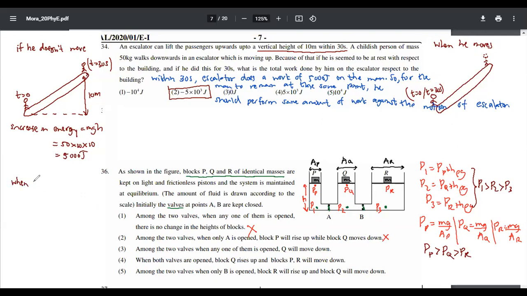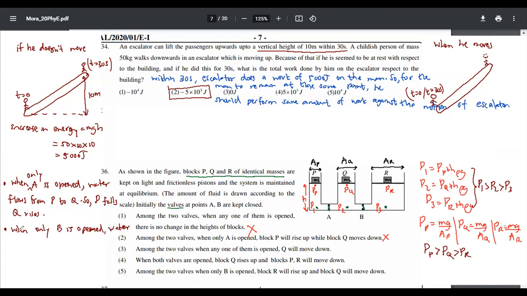Now, what will be the final answer then? When only A is open, what will happen? Water flows from, let's say, P to Q. So, P falls, Q rises. That's the first point. Second point, when only B is open, what will happen?